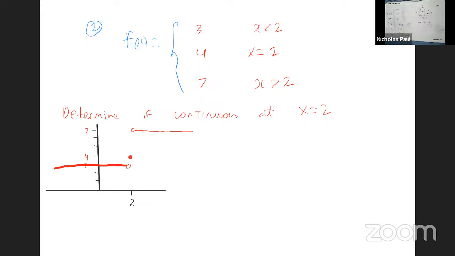While I pick on somebody: Sean, number 1, f of 2 is what? Good, when x is 2 it is 4.